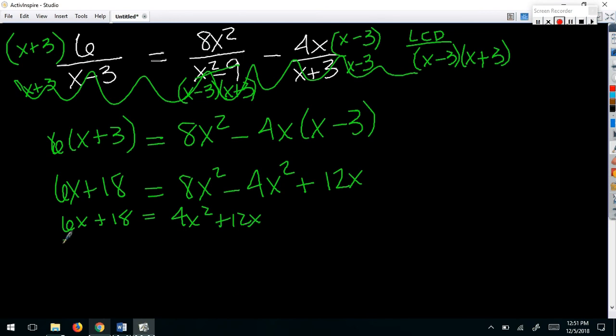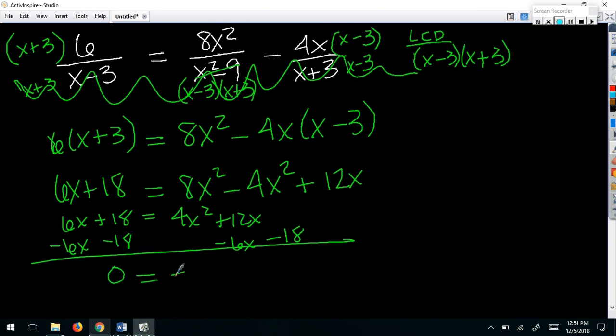I would move these, yep. Because I want my leading coefficient to be positive so I can factor, right? 4x squared plus 6x minus 18. You can. Good job.